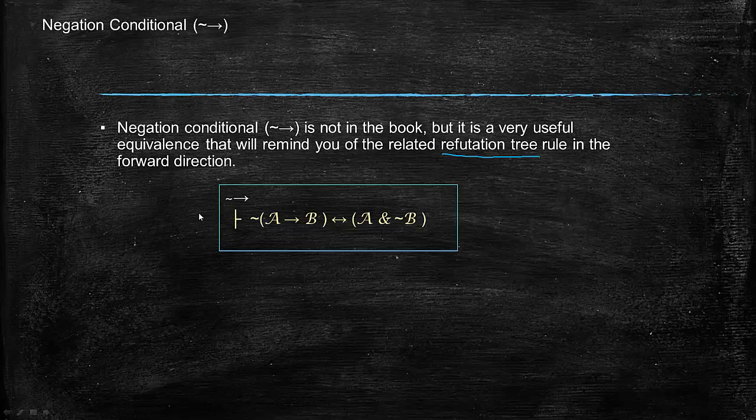So the negation conditional says that it's not the case that if A then B is logically equivalent to A and not B. The refutation tree rule, you'll recall, allowed us to write it's not the case that if A then B as A and not B, right? But it didn't allow us to go in the other direction. So here we can do that as well. If you have A and not B, you can substitute it's not the case that if A then B.